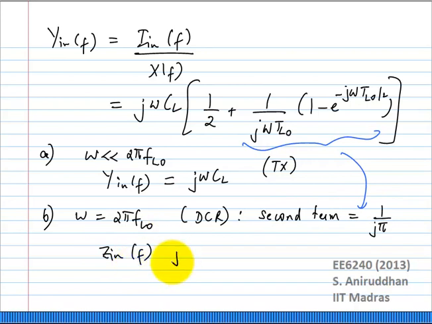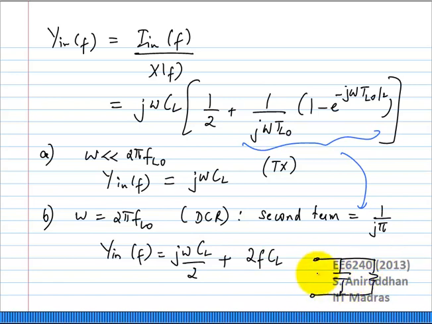Yn of f, sorry, is j omega C_L by 2 plus 2f C_L. So in other words, it looks like a capacitance of C_L by 2, half the capacitance, and a resistance of 1 over 2f C_L in parallel. Okay?